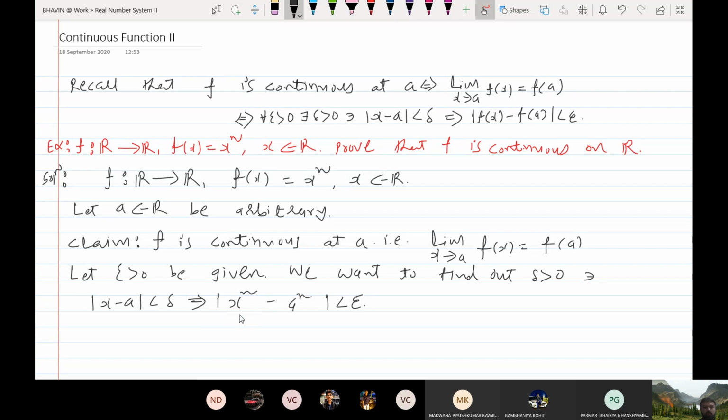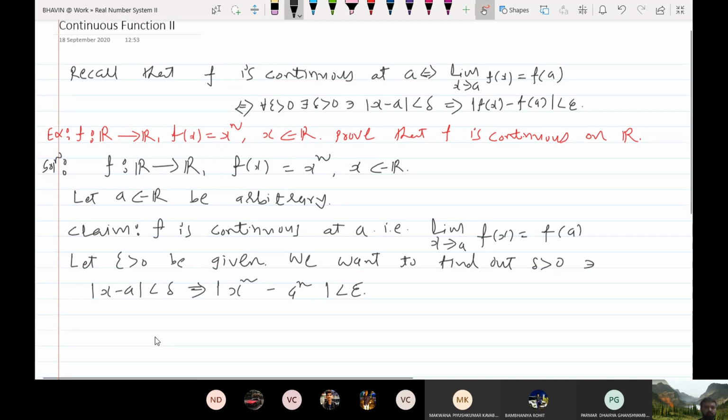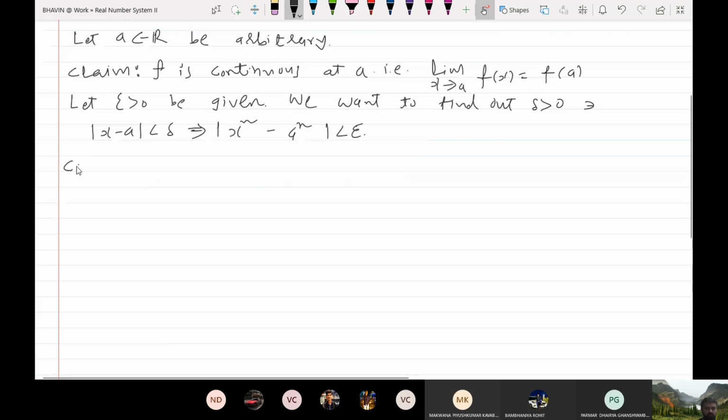So now let's consider this difference, x raised to n minus a raised to n. If you put x equal to a in this polynomial, then a raised to n minus a raised to n will become 0.